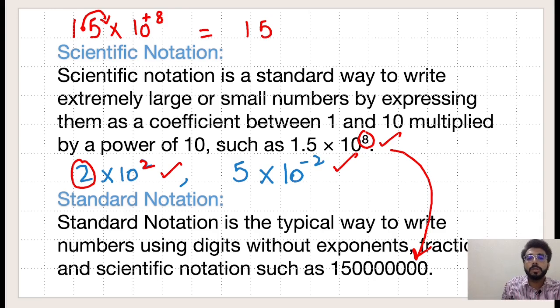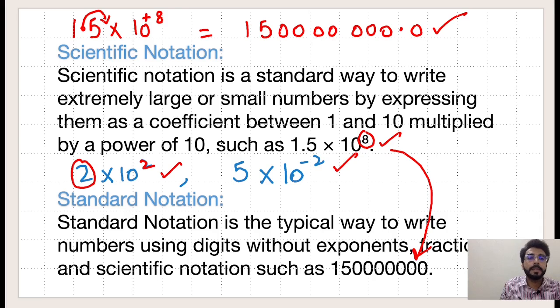So we have to write zeros after the digit 5: 1, 2, 3, 4, 5, 6 and 7. So the decimal point moves 8 digits from 1.5 to here. This is the standard form of the scientific notation.